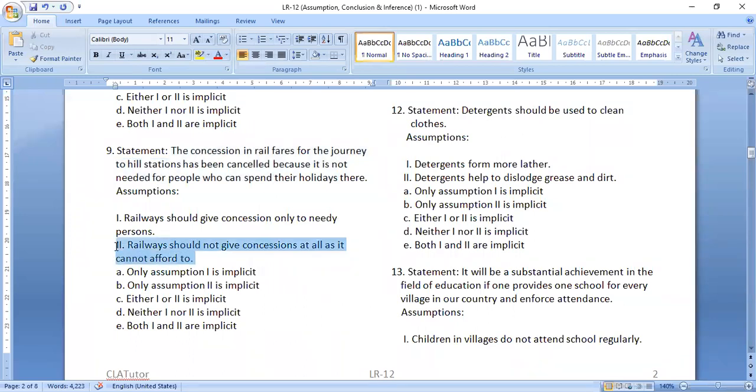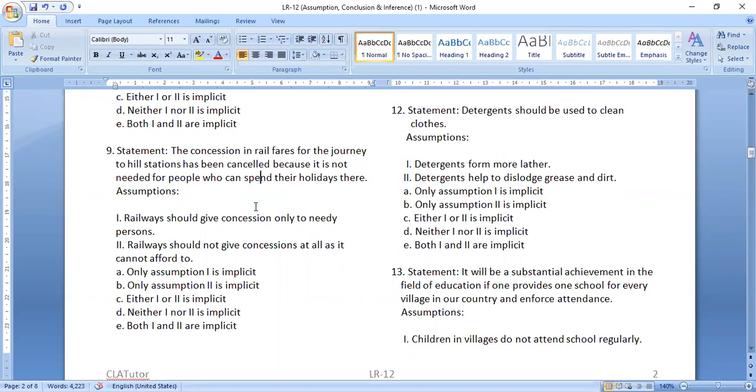Now, do you think that this is still implicit? Is this person against the idea of concession? Is the person or the body that made this statement against the idea of concession, or are they against the idea of giving concession to people who can afford a holiday at hill stations?